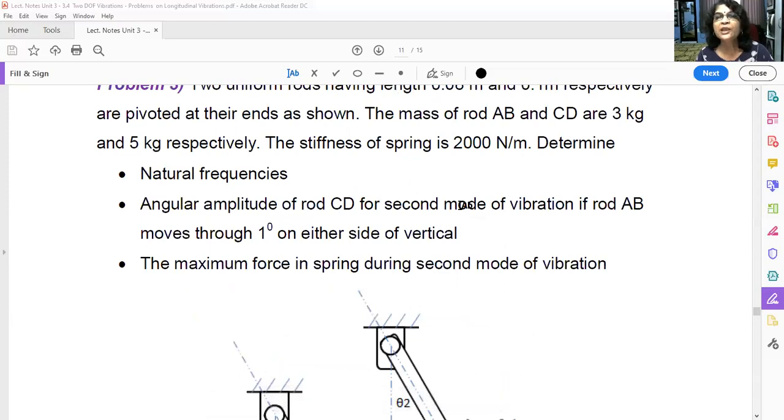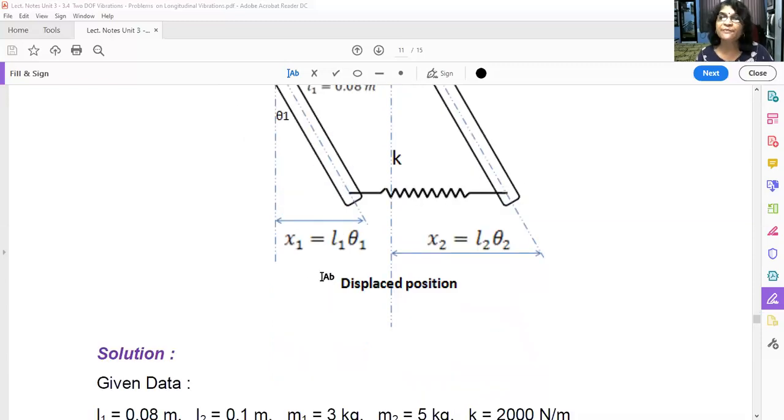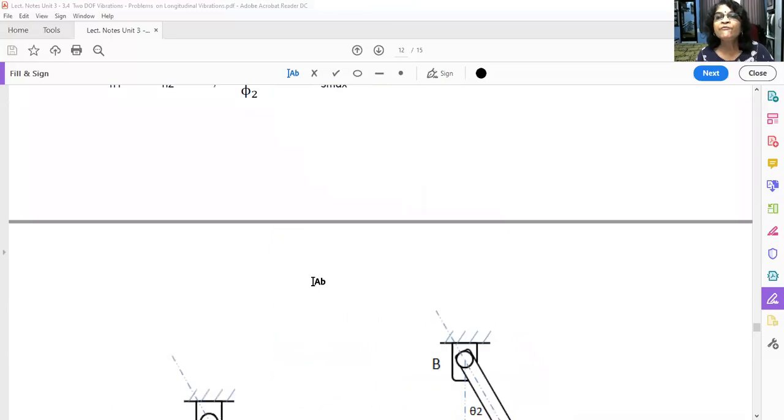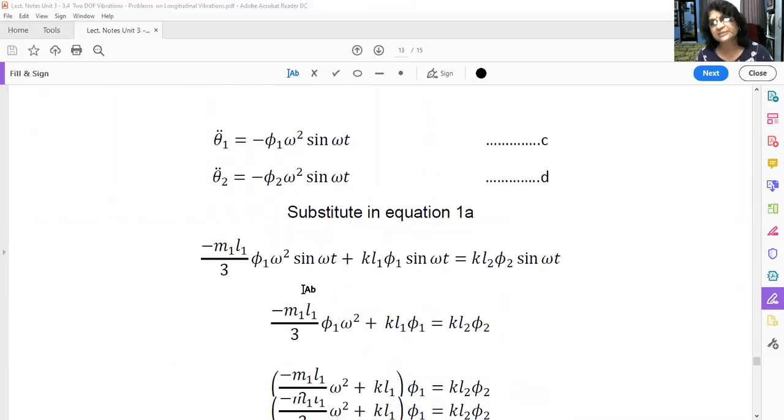Determine angular amplitude of rod CD for second mode of vibration if rod AB moves through 1 degree on either side of vertical. Means if phi 2 is equal to 1, what is the value of phi 1? That you have to find out in the second mode shape. That's why we have not considered the first mode shape, because it is not asked.